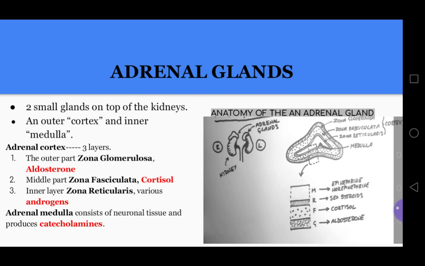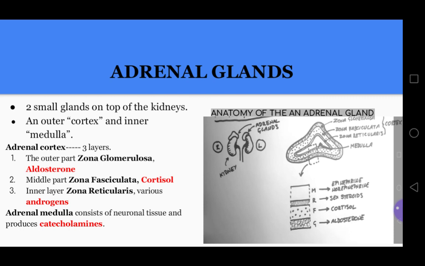The middle part is called zona fasciculata and it secretes cortisol. And the innermost layer of the adrenal cortex is zona reticularis, which secretes various androgens. Then there is the adrenal medulla. The adrenal medulla consists of neuronal tissues and produces catecholamines, adrenaline and noradrenaline.